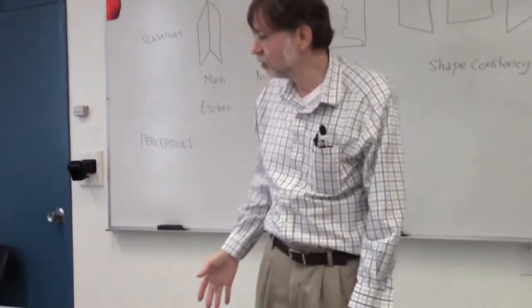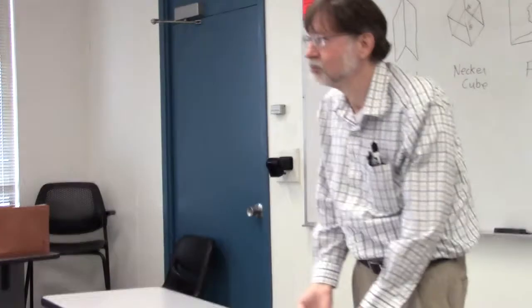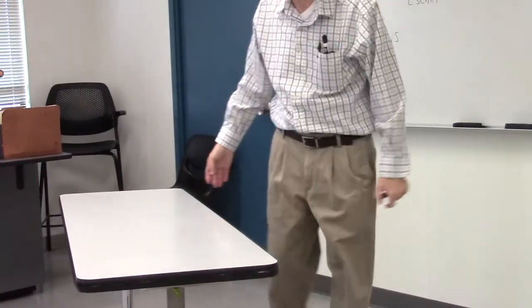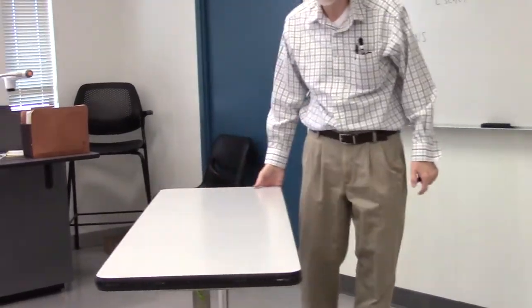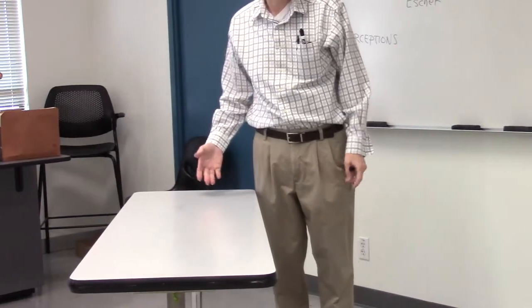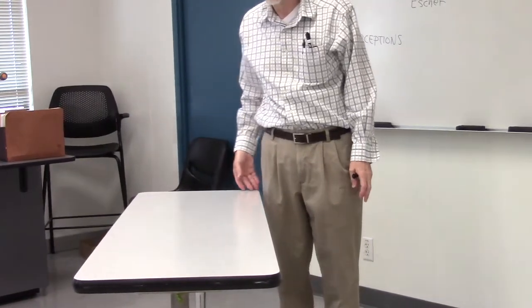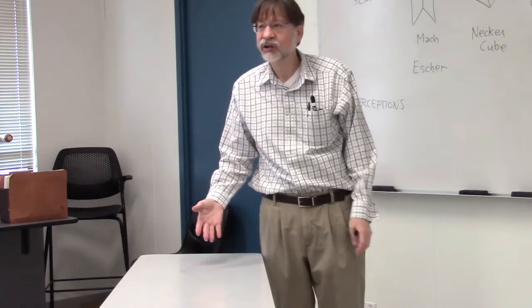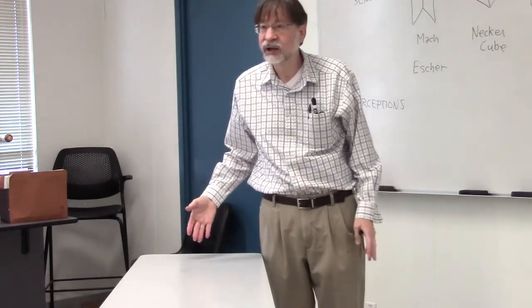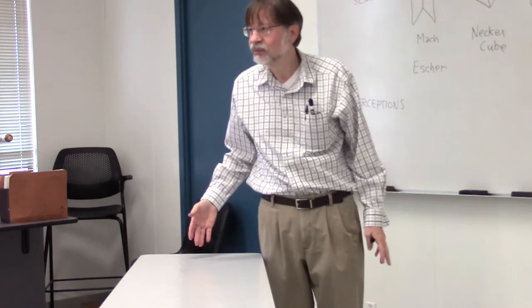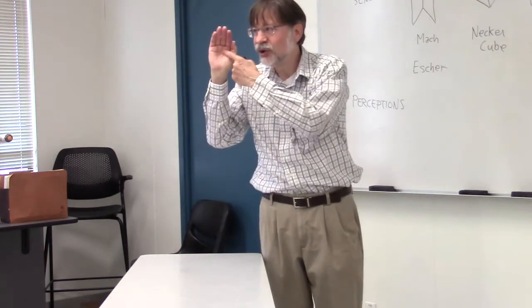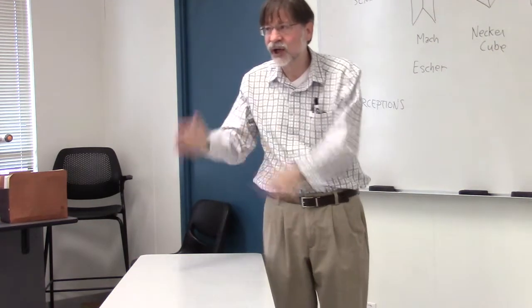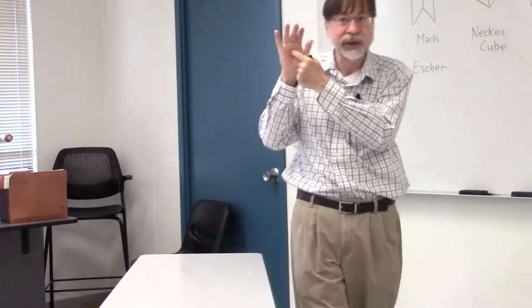Now what's the shape of this table that you're looking at? Except for these corners being kind of rounded, it's rectangular, yes? You perceive this as a rectangle, and yet the image on your retina, your sensation, is not a rectangle. Your sensation is a trapezoid.